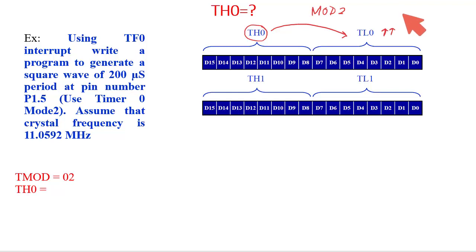When it reaches the maximum value 255, in the next clock cycle it will roll over to 0, and when the operation is repeated, the initial value of TL0 will automatically be reloaded from TH0. So this is called auto reload.